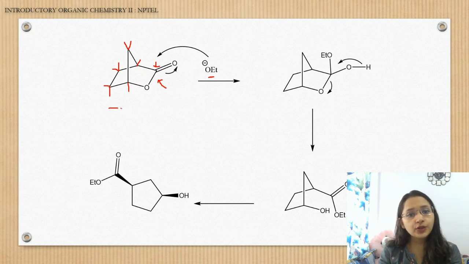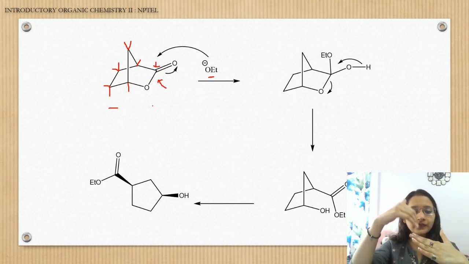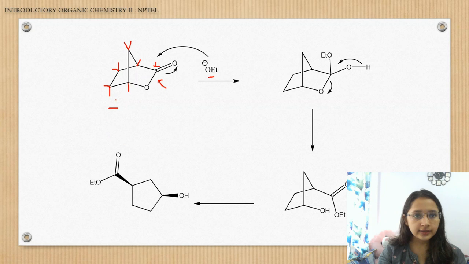As we know, this is a bicyclic system, so it is an open book like system. This open book like system has the above side much more free, because the downside is a cavity. See, if you imagine in 3D, this downside has a cavity.